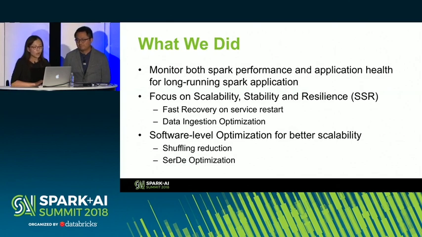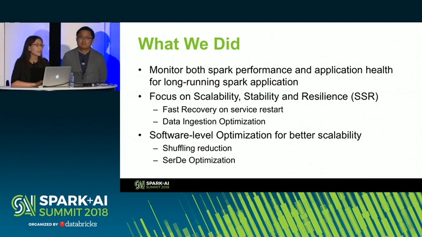So how can we overcome all these challenges? Here's what we have done. First, we monitor both the Spark performance and the application health for those long-running Spark applications, and we make it easy to correlate these two sets of monitoring for troubleshooting. Secondly, we focus a lot on scalability, stability, and resilience, and a couple of techniques will be explained in detail.